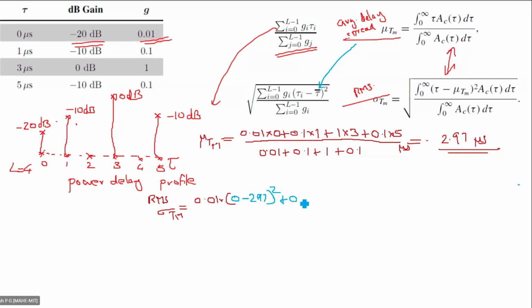Plus the next term. The next term is 0.1 into, what is the value here? Tau 1, what is tau 1? 1 minus 2.97 whole square, right? Plus 1 into, what is the next component? 3 minus 2.97 whole square plus, not 5, sorry, 0.1.